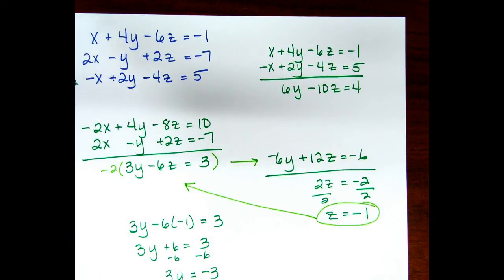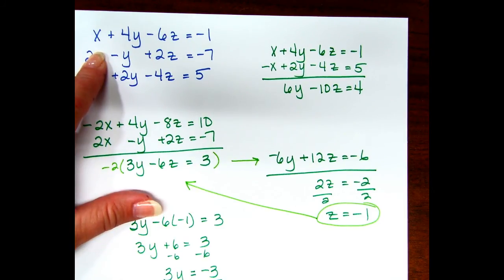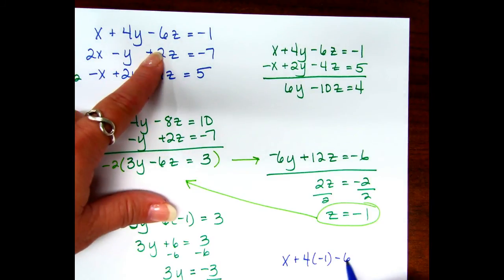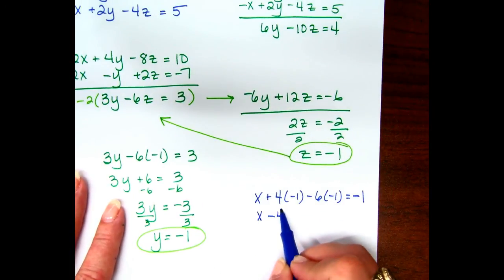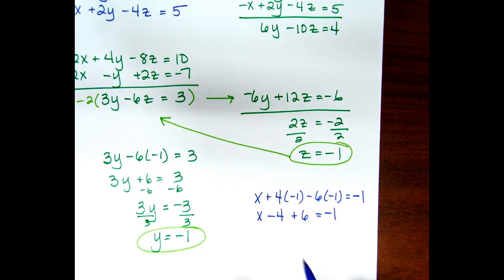So if I rewrite the first equation but substitute in what I know for y and z, I get x plus 4 times negative 1 minus 6 times negative 1 equals negative 1, which gives me x minus 4 plus 6 equals negative 1. So x plus 2 equals negative 1. And subtracting 2 on both sides gives me x equals negative 3.